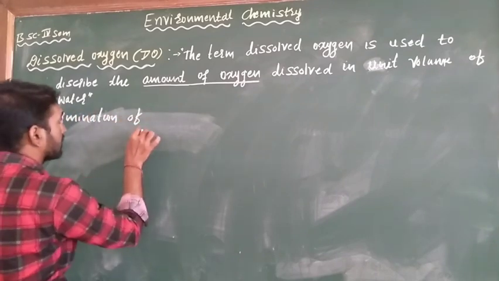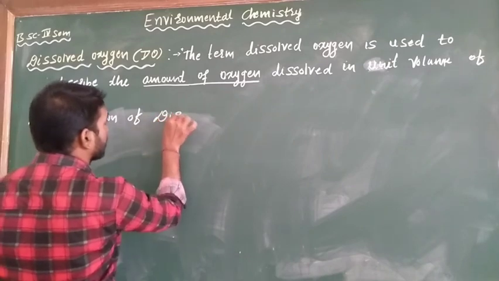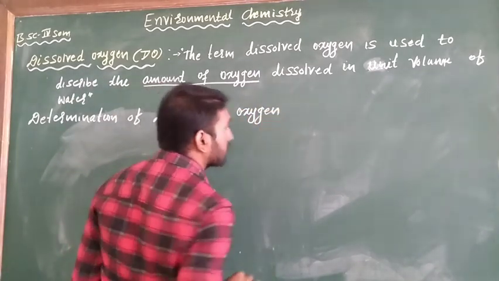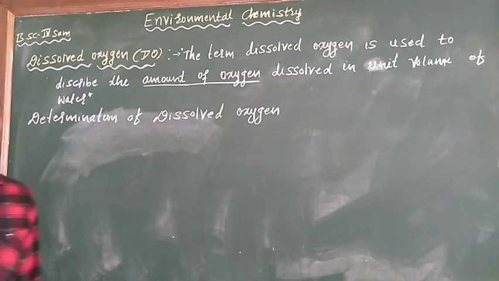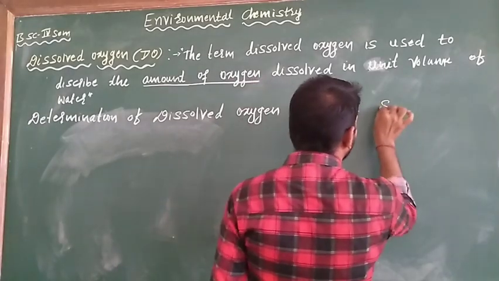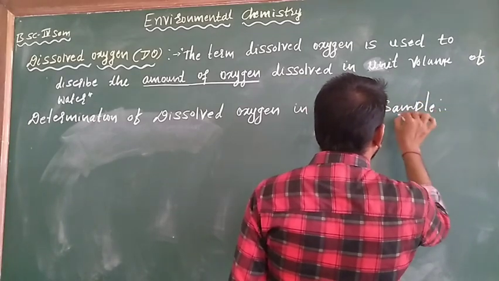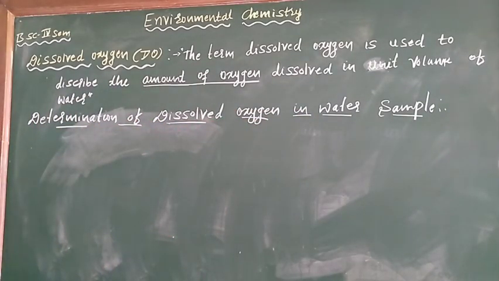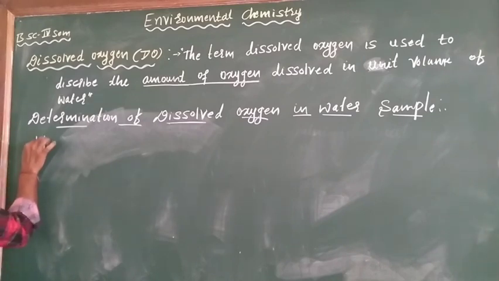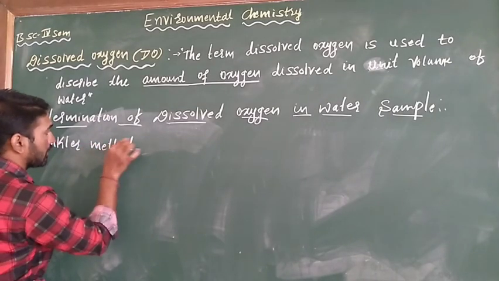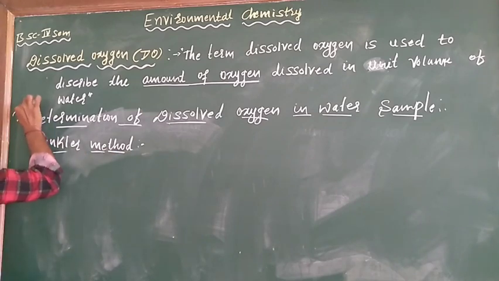Determination of dissolved oxygen in water sample, or it is also known as Winkler method. It is important, 5 marks.